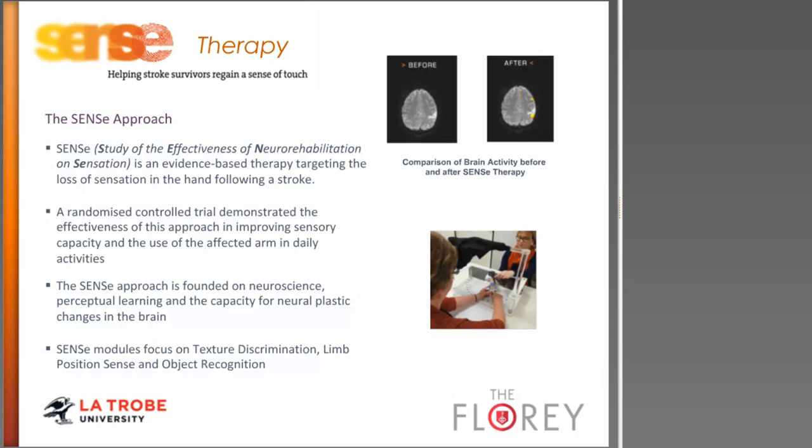And the SENSE modules focus on 3 different aspects of somatosensation. So they look at texture discrimination, limb position sense, and object recognition. The training draws on different principles, and these are things like attentive exploration, where patients are encouraged to explore the sensation, and calibration, where they either use vision or their unaffected arm to recalibrate in terms of what they're expecting to feel.